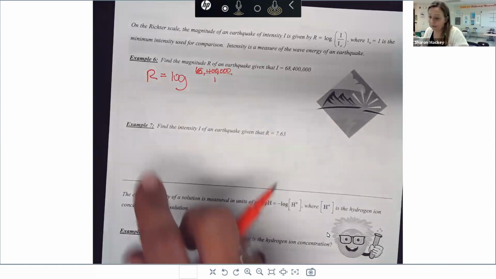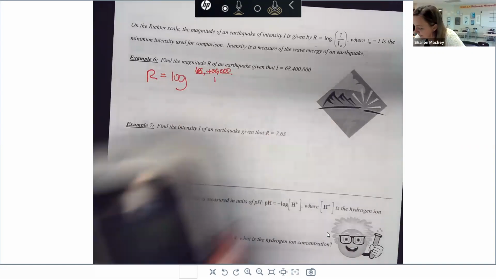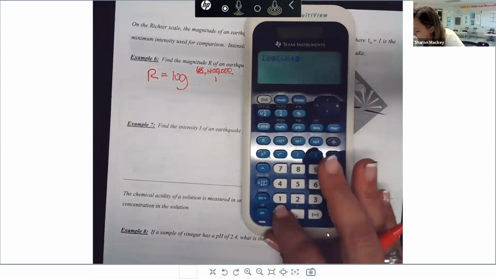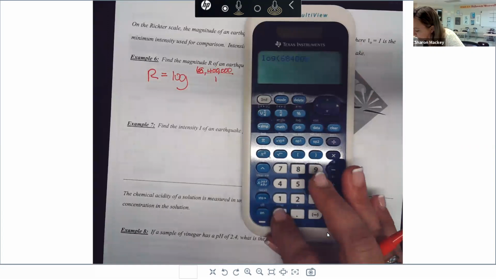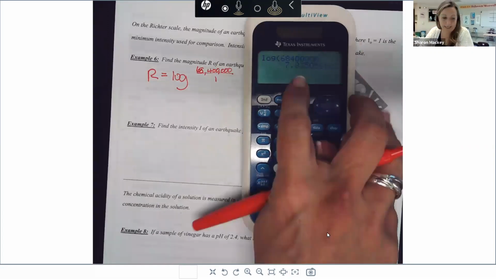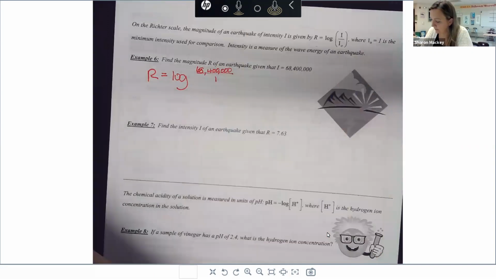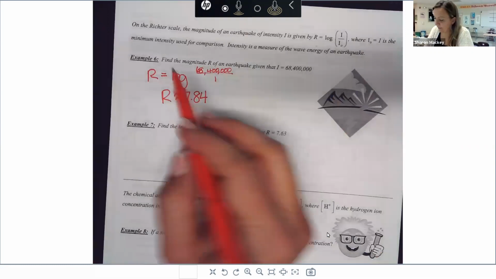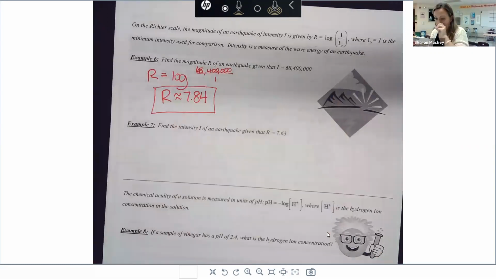I mean, that's all they're asking you to do. So we would just take the log of 68,400,000, and notice that I get about 7.84. And that would be our magnitude on the Richter scale.